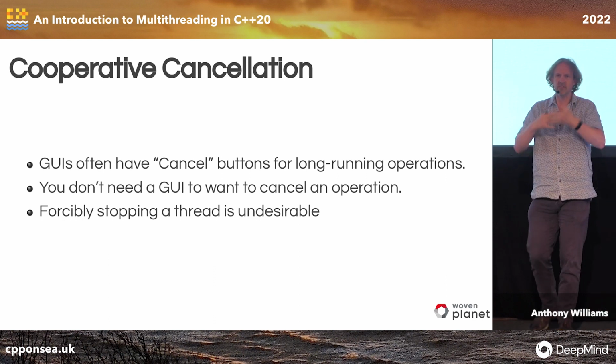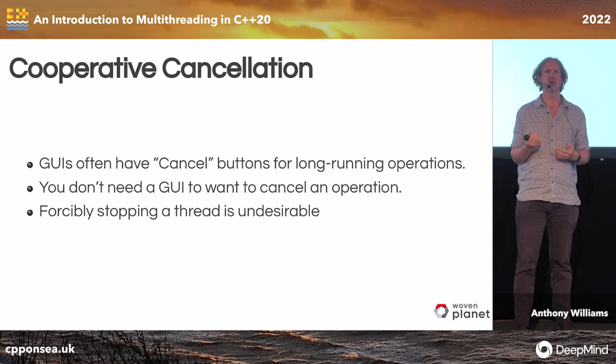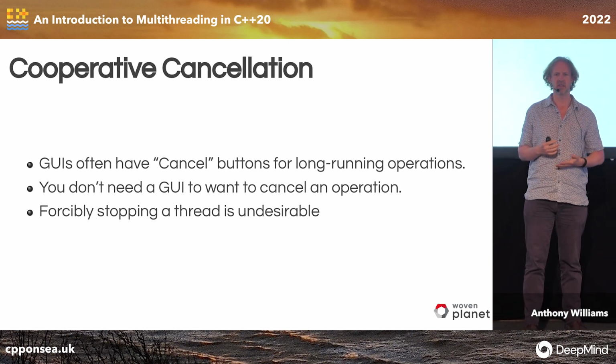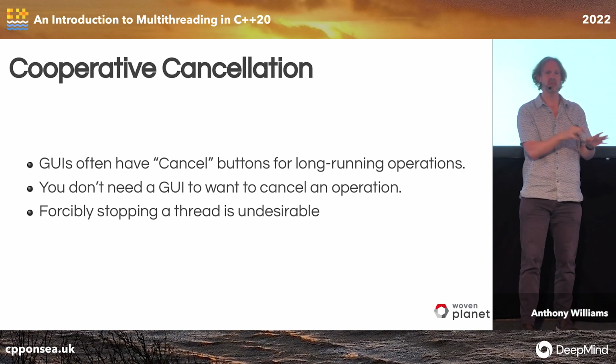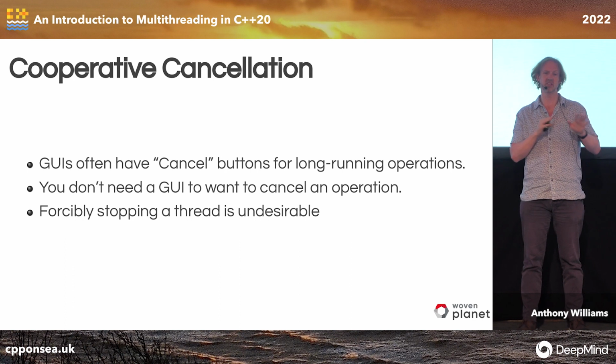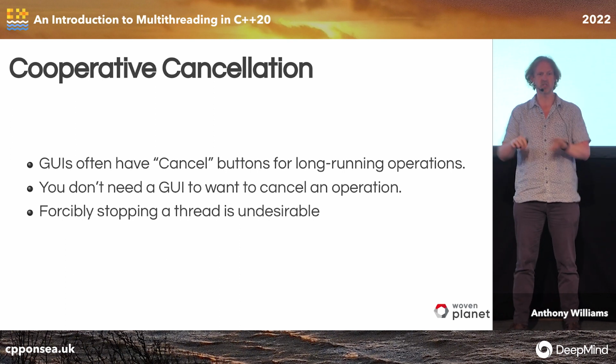Or even within an application, you might start doing some process and then as part of the application logic, you decide, actually, no, that process that I started doesn't need to happen because something else has changed. Say I was doing a background spell check and the user typed some more words.